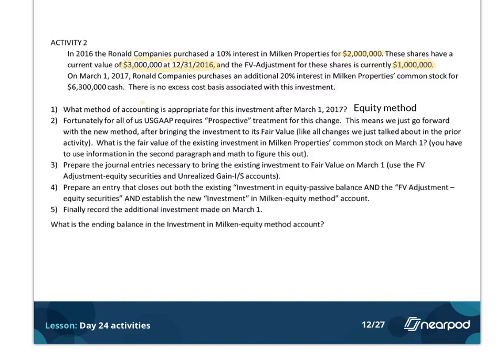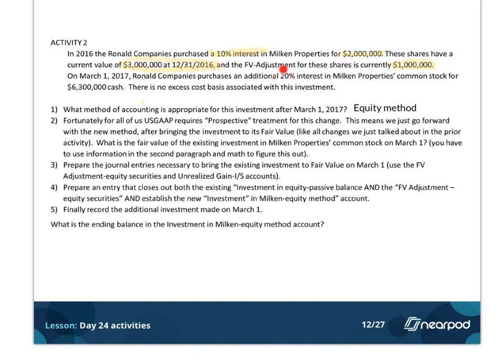So that goes together for $3 million, and that was for a 10% interest. So what question 2 is asking you is, what is the fair value of that 10% interest on March the 1st? Well, I don't tell you explicitly what that is, but I do give you information that you can use to figure it out. Okay, then that information is this.